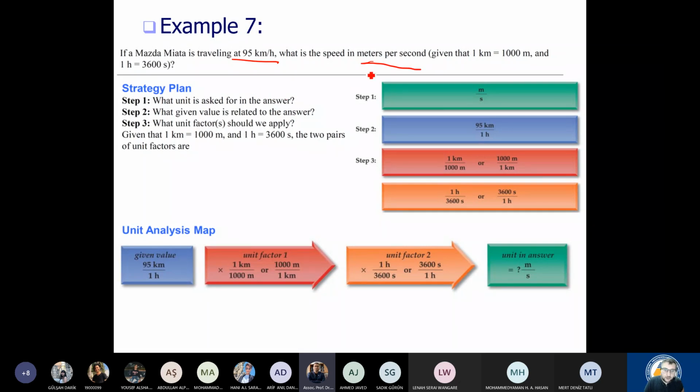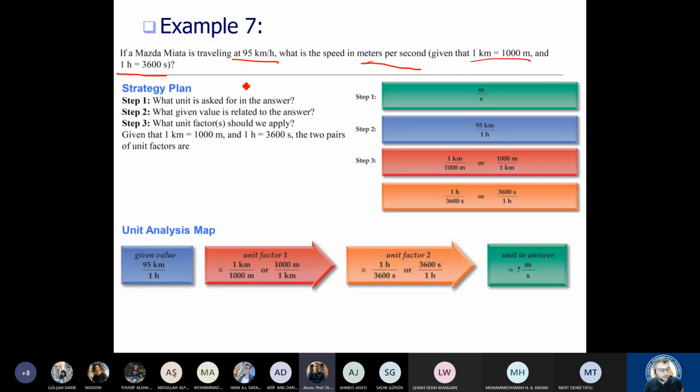And they say to you that 1 kilometer is equal to 1000 meter and 1 hour is equal to 3600 seconds. Okay, so how can you solve it? First of all, you must convert kilometer to meter, then hour to second.